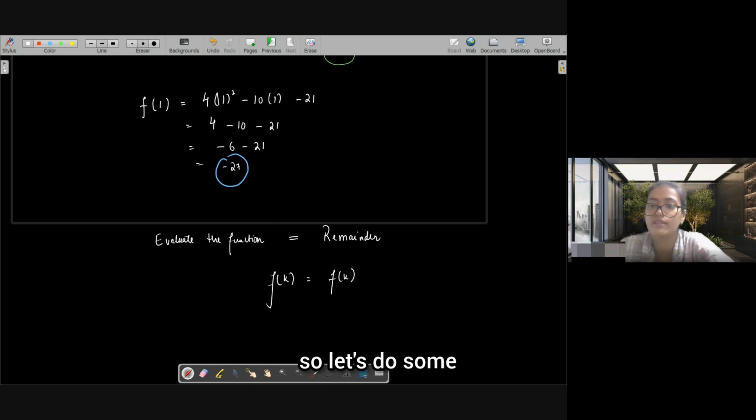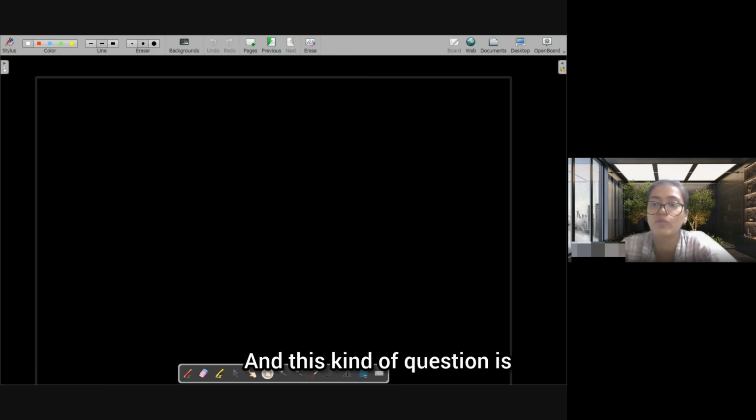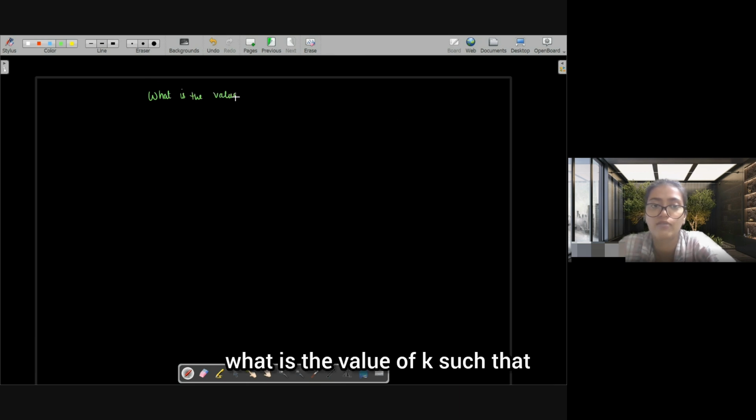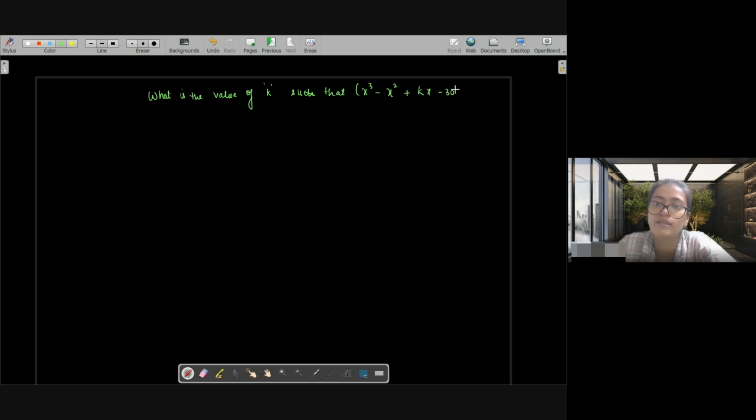Okay, so let's do some challenging problem. Not some, but just one challenging problem. This kind of question you can expect on the SAT. What is the value of k such that x cubed minus x squared plus kx minus 30, divided by x minus 5, has a remainder 0?